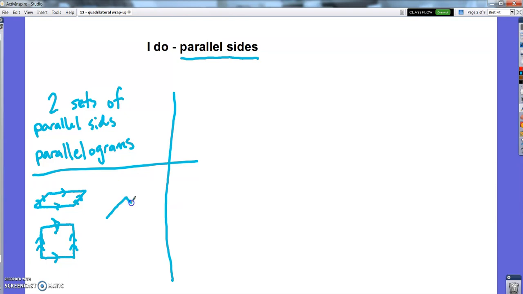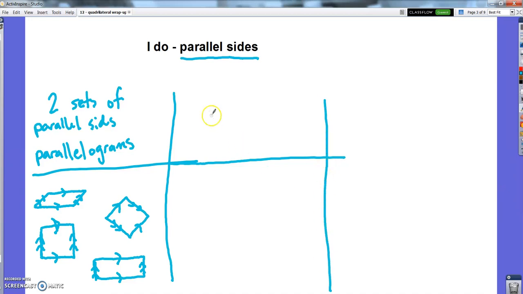Another common one kind of looks like this. It's, I guess, kind of the same thing almost. That's a parallelogram because this is parallel to this, and this is parallel to this. And anything else, if it has 2 sets of parallel sides, there's another one, we call it a parallelogram. So all of these that I've drawn here are different kinds of parallelograms. They have 2 sets of parallel sides.